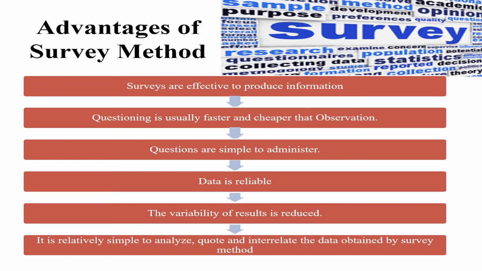Second is that the questioning is usually faster and cheaper than observation. Thirdly, questions are simple to administer. Fourth, the data is reliable. Fifth, the variability of results is reduced. And sixth, it is relatively simple to analyze, quote, and interrelate the data obtained by the survey method.